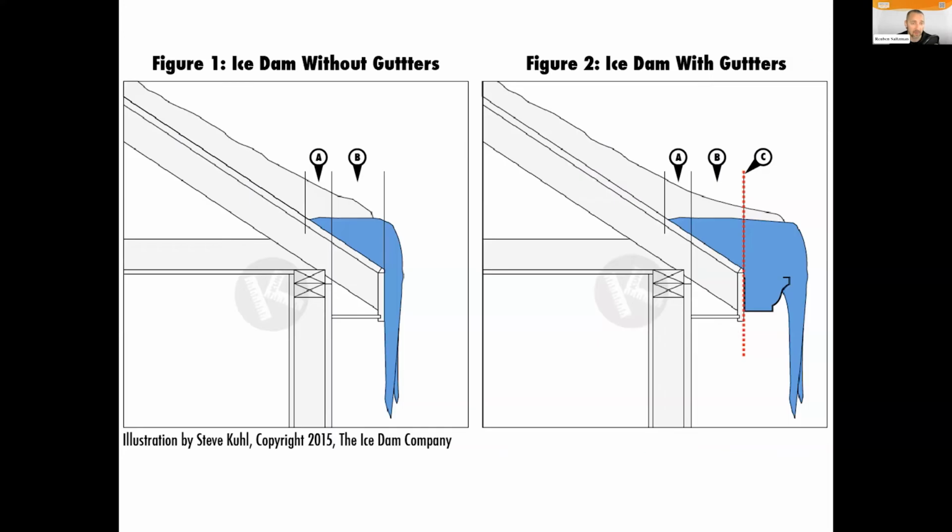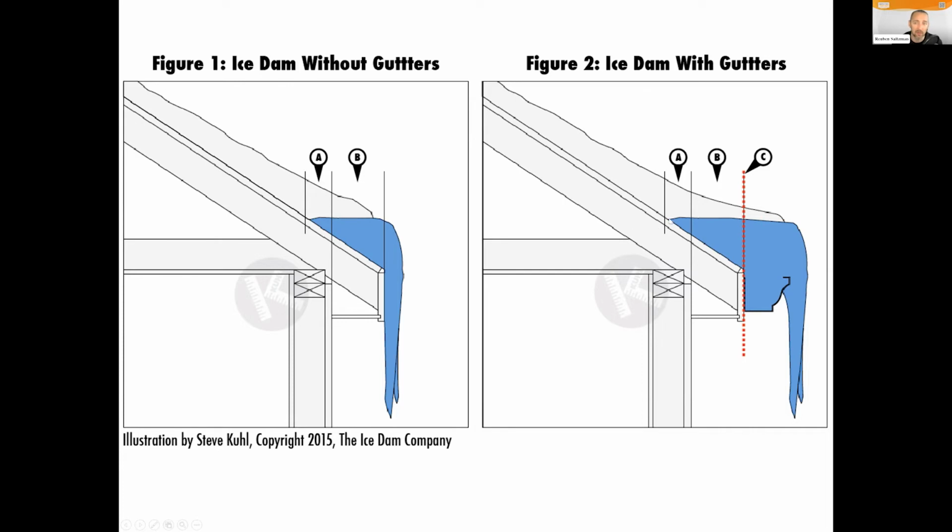Here's what it looks like. If you've got a house with no gutters, an ice dam is going to form right at the exterior wall line. That's where it first starts, and the ice is going to carry straight out. Now, if you've got a gutter, the ice is going to keep carrying straight out, and you've got this big shelf for ice to build up on top of, and you're going to have a much larger mass of ice. You're going to have a much larger ice dam if you have gutters, but the ice dam is not going to climb up the roof anymore.